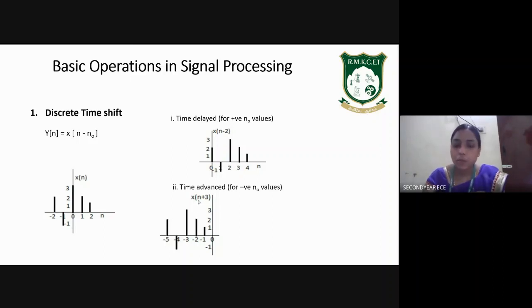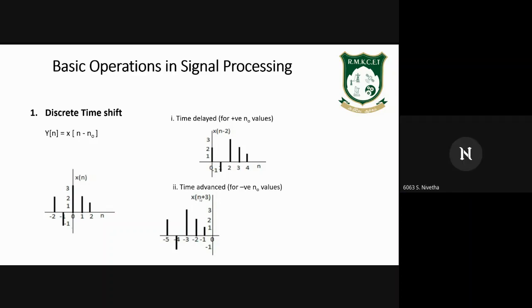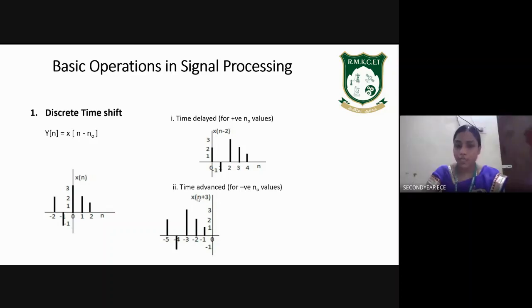Next, substitute n is equal to minus 4 here. x of minus 4 plus 3. What will happen here? x of minus 1. So what is the shifted value now at n is equal to minus 4? So go and substitute the minus 4 value.